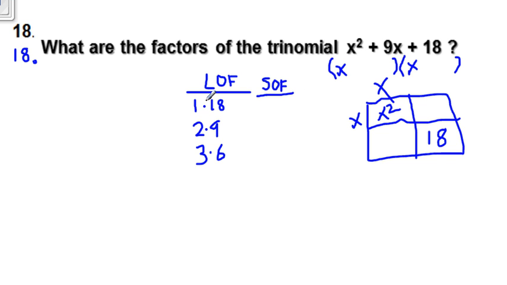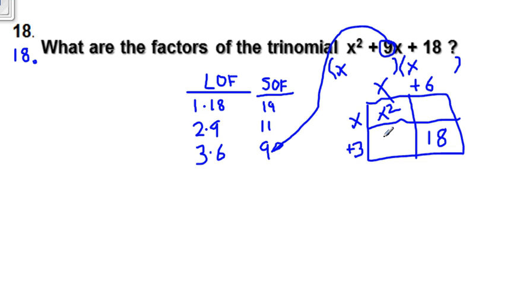We have 1 plus 18 equals 19, 2 plus 9 equals 11, and 3 plus 6 equals 9. Where do we find the 9 that we're looking for? Way down here. That means our factors are going to be the quantity x plus 6 times the quantity x plus 3.